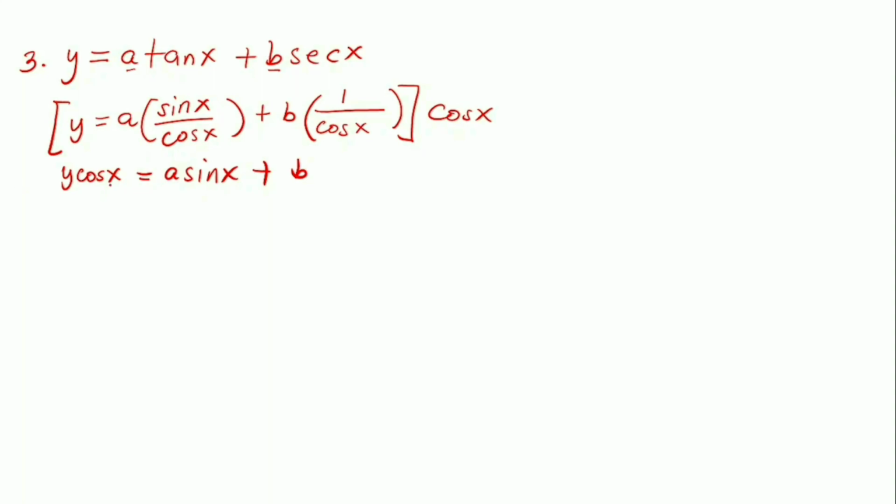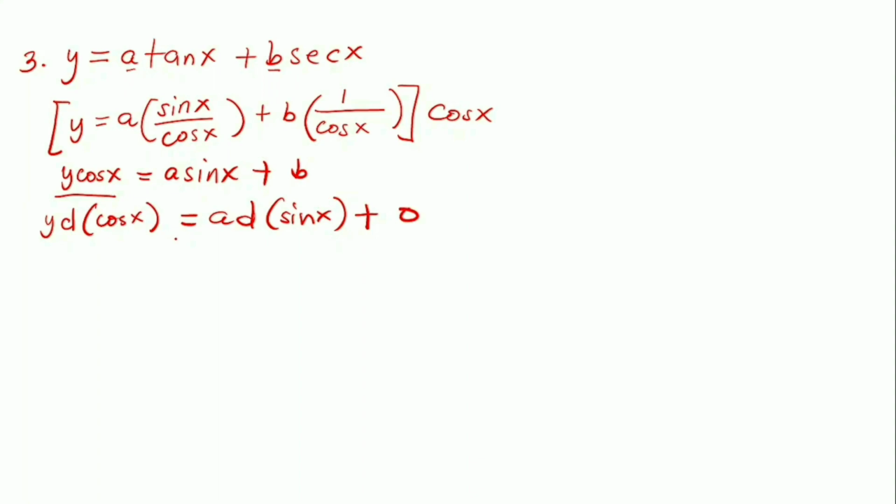Okay? So, again, this is the product rule. So, y times the derivative of cosine of x is equal to a times the derivative of sine x plus 0.